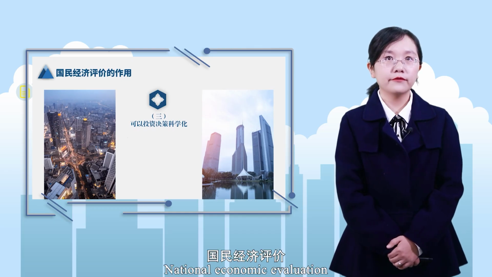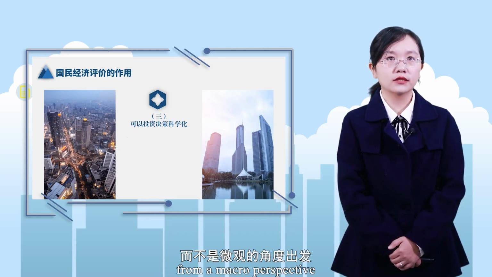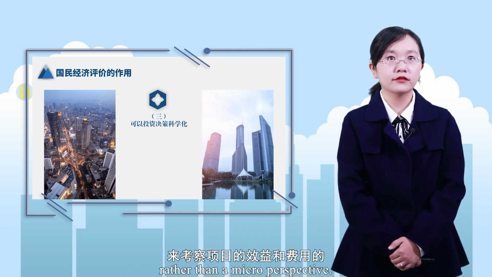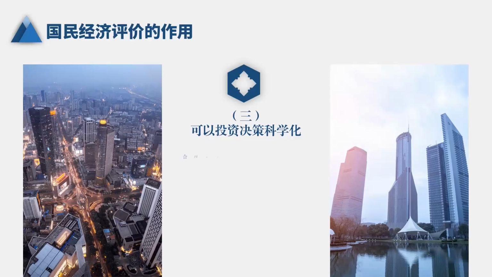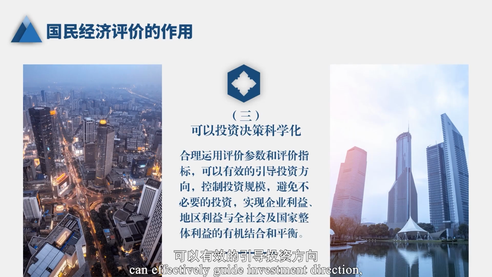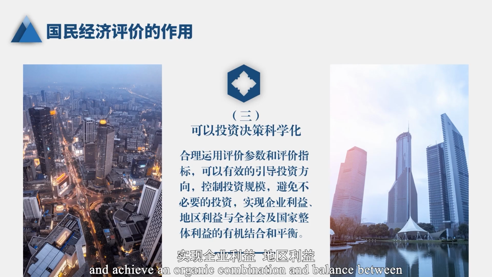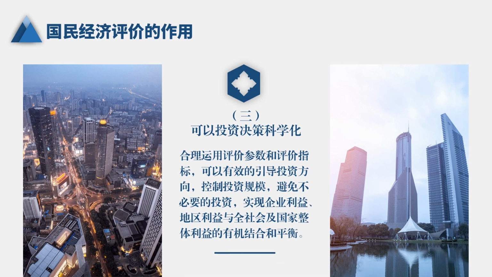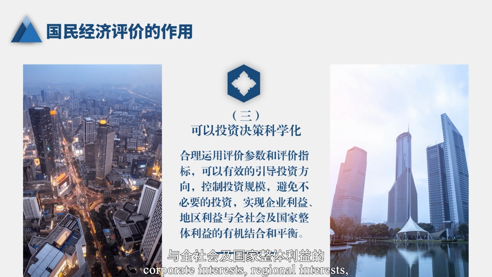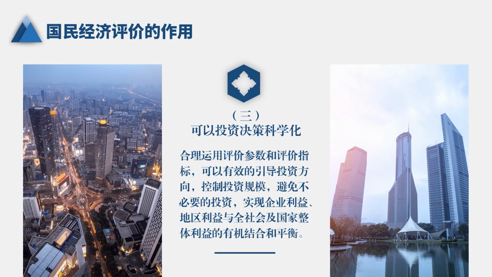National economic evaluation examines the benefits and costs of a project from a macro perspective rather than a micro perspective. Rational use of evaluation parameters and indicators can effectively guide investment direction, control investment scale, avoid unnecessary investments, and achieve an organic combination and balance between corporate interests, regional interests, and the overall interests of society and the country.